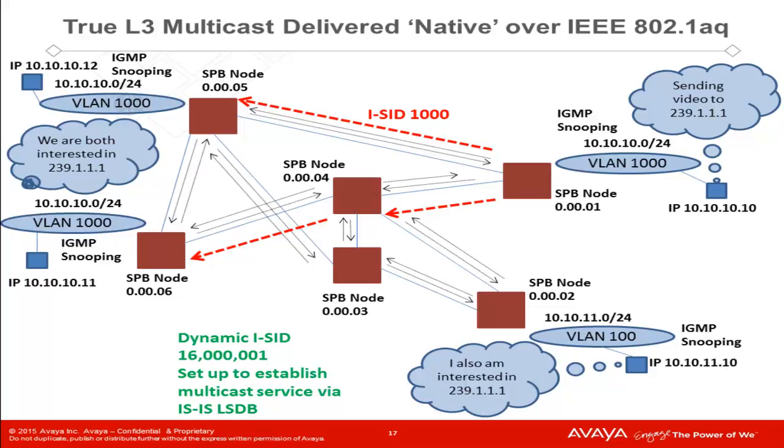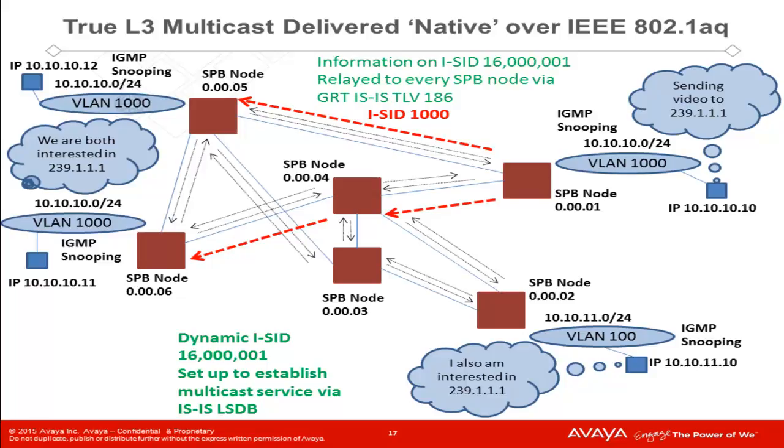It then provides for an update to all SPB nodes in the network by the use of special TLVs within IS-IS. Now every node in the SPB network knows that to join multicast group 239.1.1.1, one would attach to ISID 16,000,001. At this point, however, there are no interested subscribers, so the ISID is not extended out into the network.